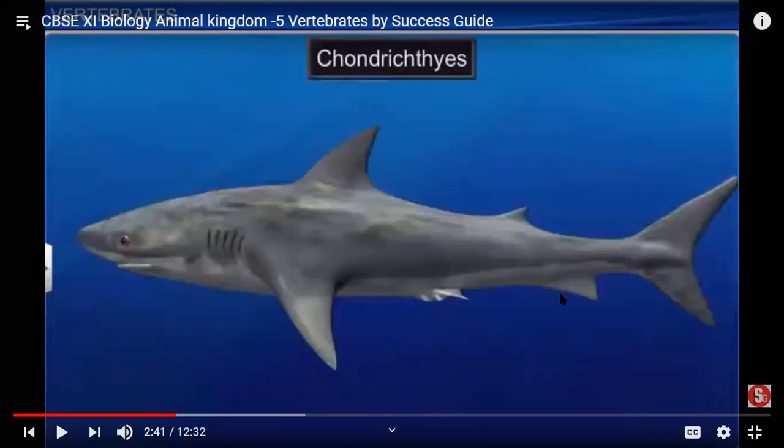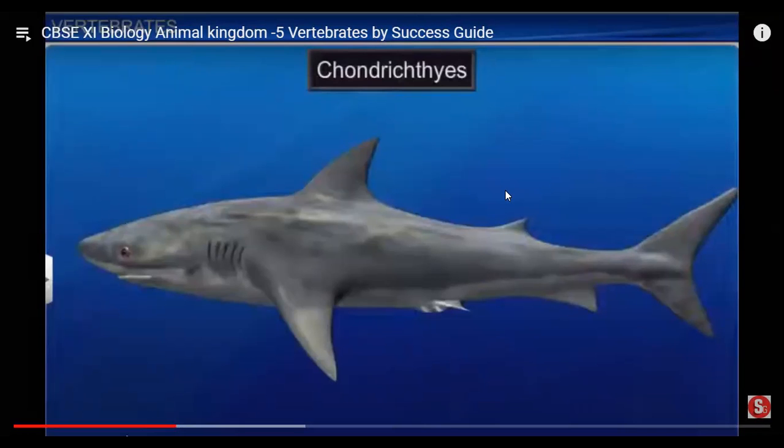What about the others? One or two more can answer me. All are sure it is cartilaginous. Shark belongs to cartilaginous fishes.